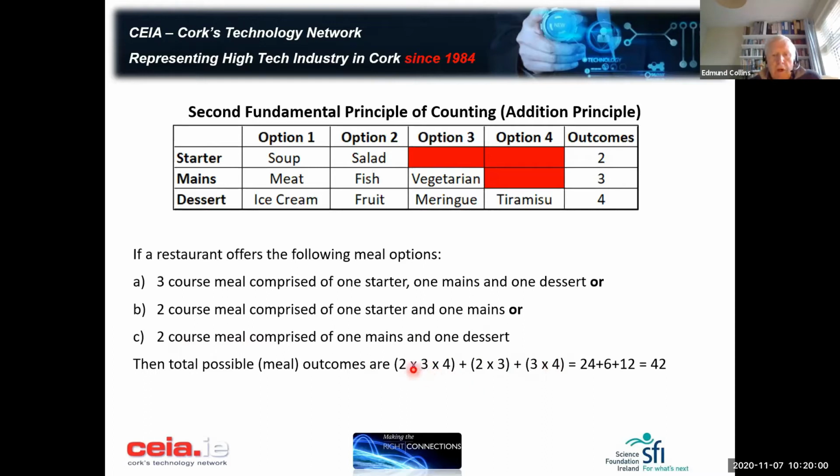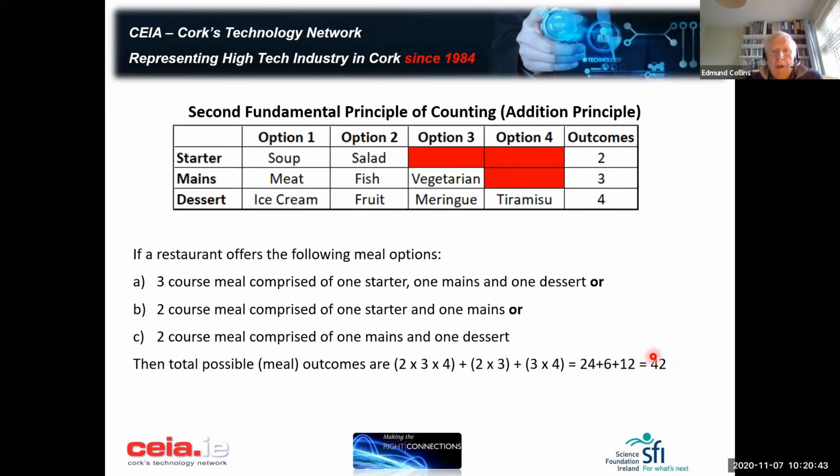But you'll notice here that we multiply each of these, 24, we get 6 and 12, but we add them here. So when you see an or here, you will need to add, and that's why it's called the addition principle. So our options here are 24 plus 6 plus 12, which is 42. 42 options here. So just be careful, we're showing the addition principle here, but we are using the multiplication principle in here inside the brackets.